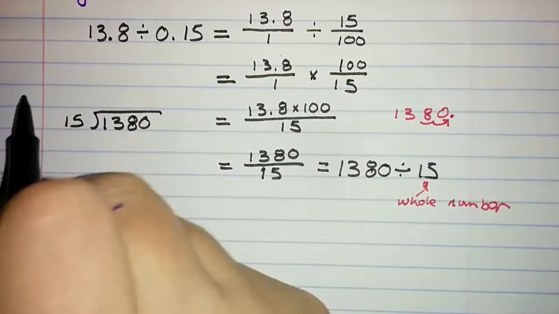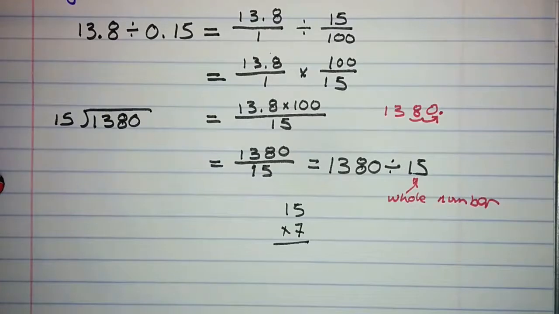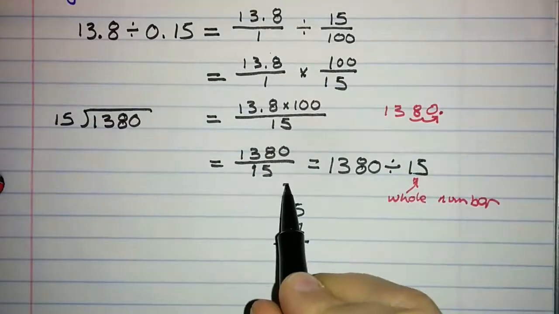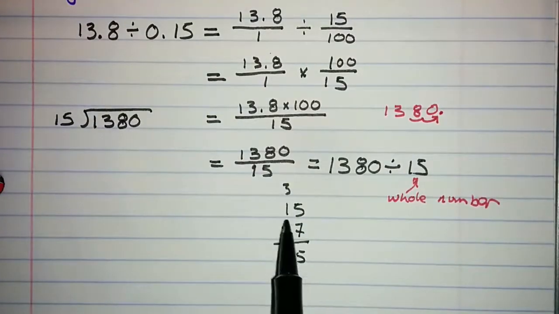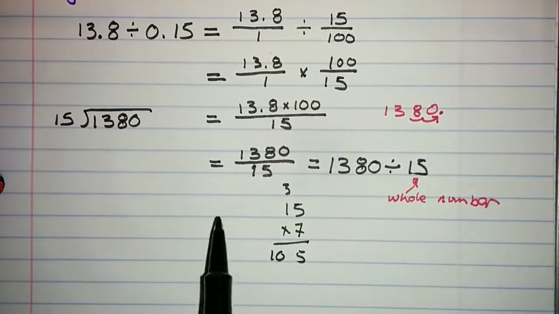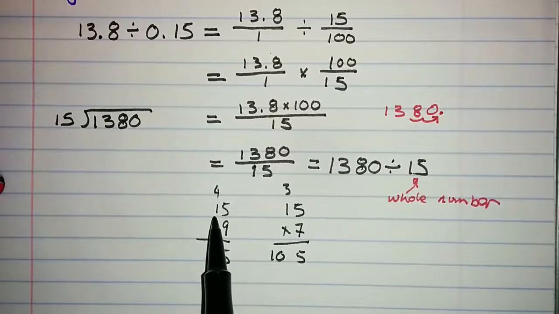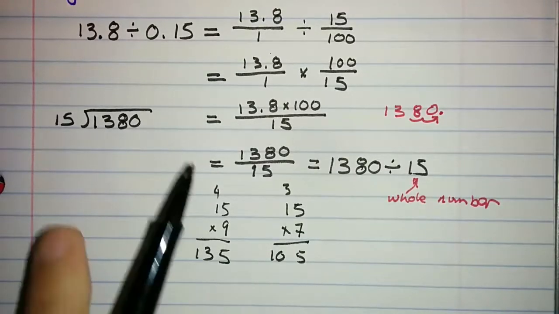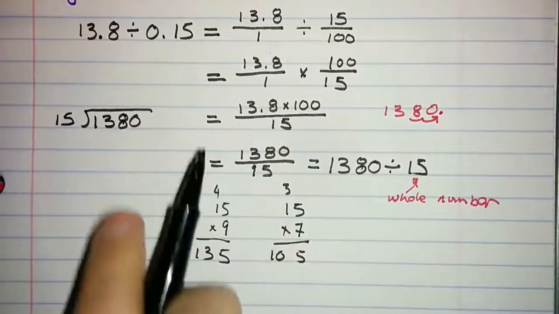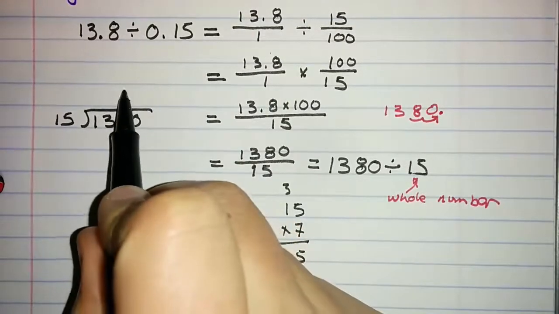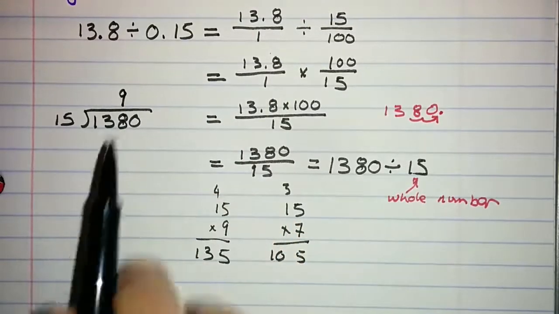I want to guess 7. 7 times 5, 35. 7 times 1 is 7, plus 3 is 10. 7 was too small. Let's try 9. 9 times 5, 45. 9 times 1 is 9, plus 4 is 13. There we go. 15 goes into 138 9 times.